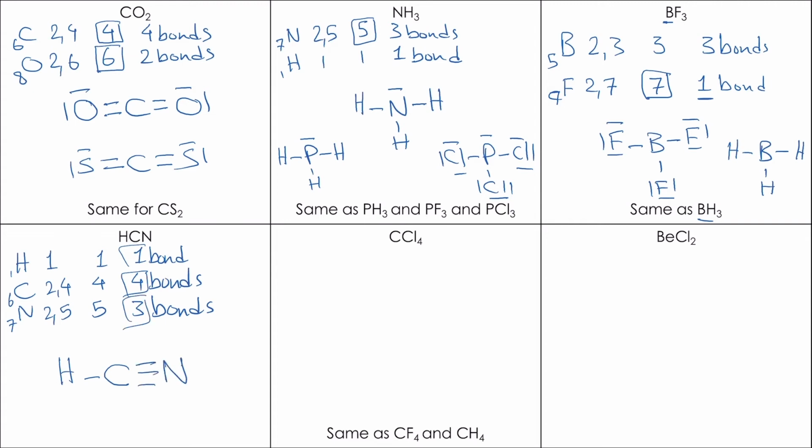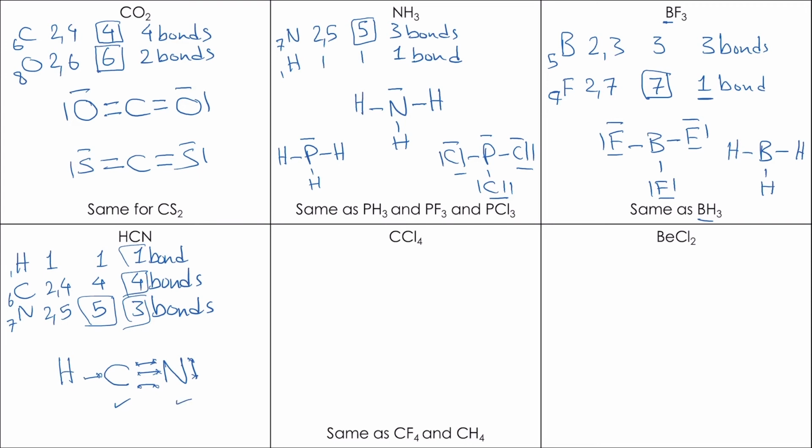I don't have to forget that nitrogen has 5 electrons in the last shell. So we have a lone pair. The most important thing is to check the valence electrons. How many valence electrons does carbon have? 1, 2, 3, 4. Okay, this is good. Nitrogen, 1, 2, 3, 4, 5.